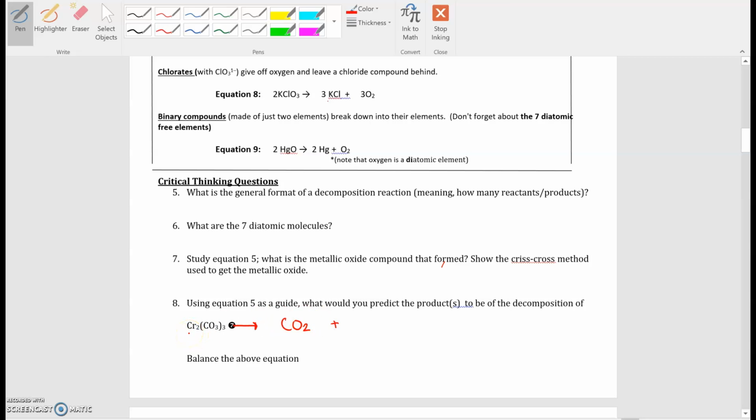Chromium is my metal, and I know it's chromium 3 in this case because carbonate's -2. I have 3 of them, which is -6. So the +6 is going to have to be divided amongst the two chromiums. So I do chromium is +3, oxygen is -2. With crisscross, that becomes Cr2O3.